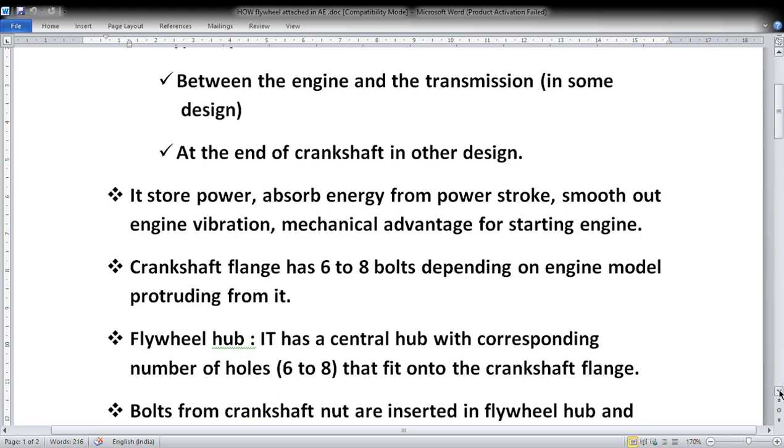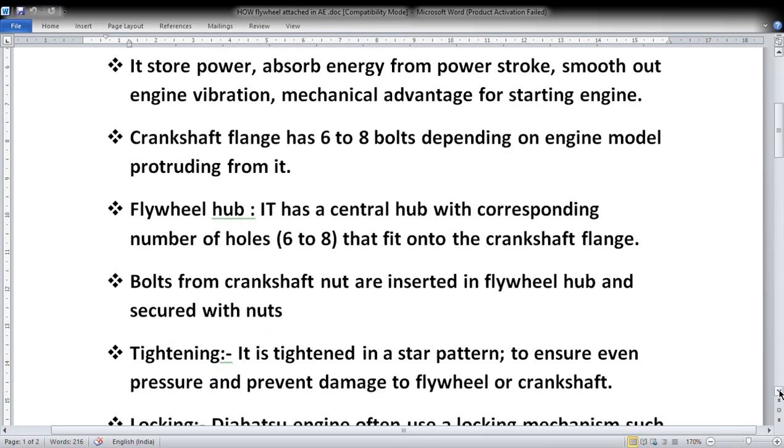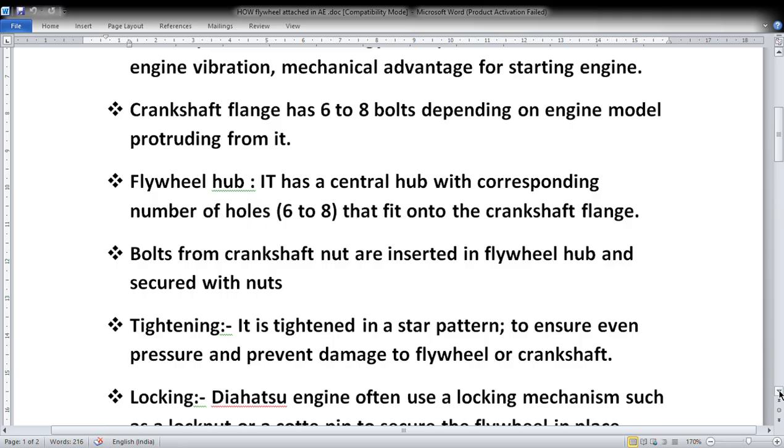The bolts from the crankshaft are inserted in the flywheel hub and secured with nuts.